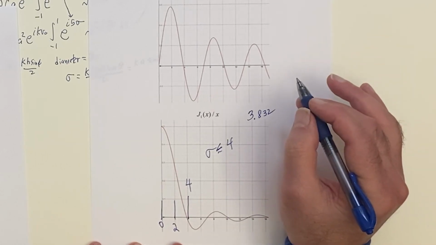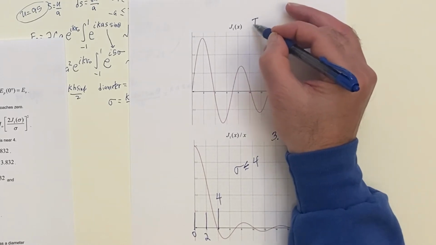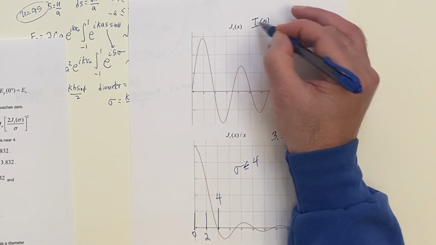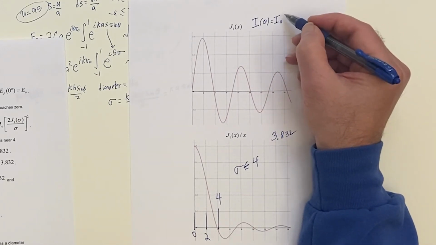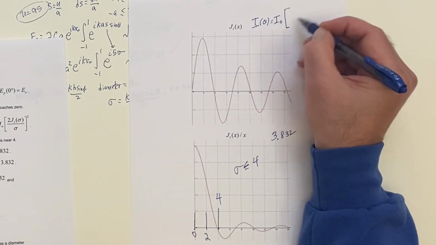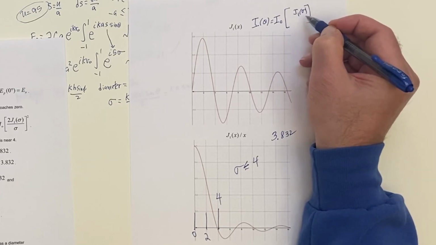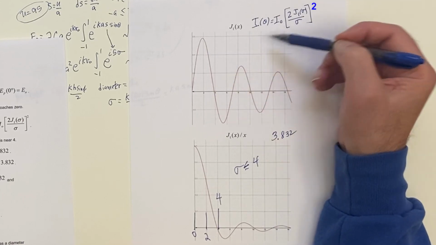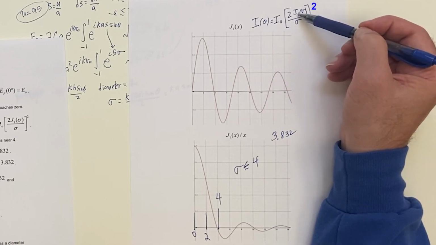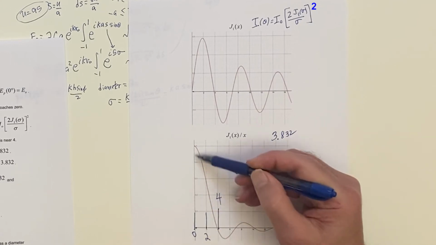But I would like to mention one more thing to get our I as a function of theta. We want the I naught. Because we're going to be squaring the J1 sigma over the sigma, we need to put a 2 here, because when you put 0 into J1 over sigma, you get a 1/2.